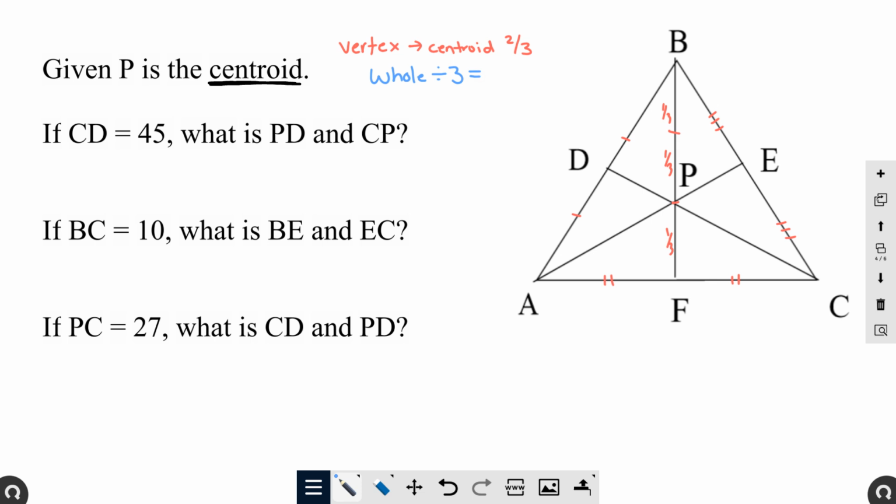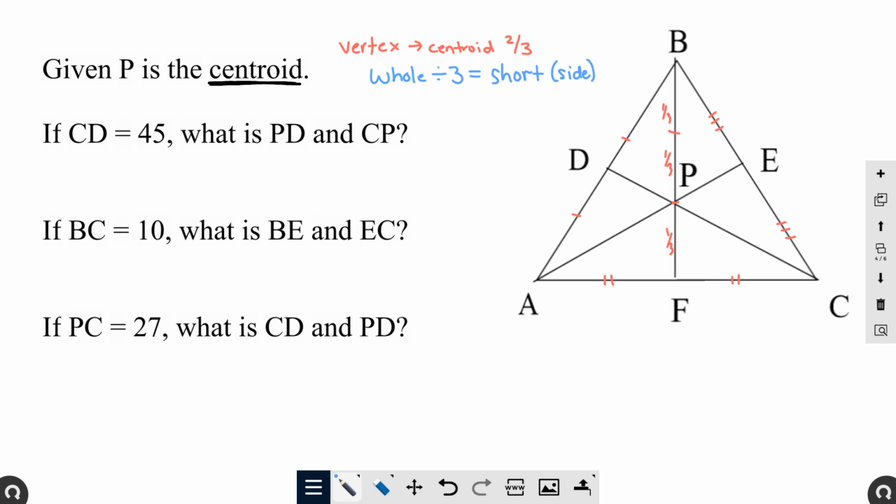Now, would it give us this piece that's 2/3 or the piece that's 1/3? It's a piece that's 1/3, and the 1/3 piece is shorter, right? So it gives us that shorter piece, which is the distance from the centroid to the side. So remember, the short piece hits the side.